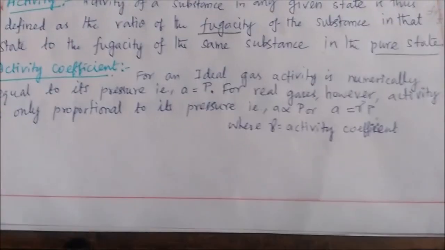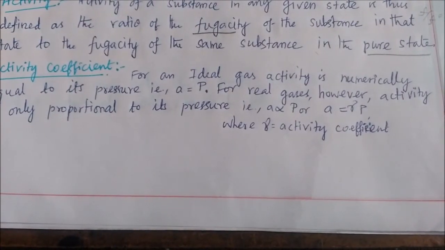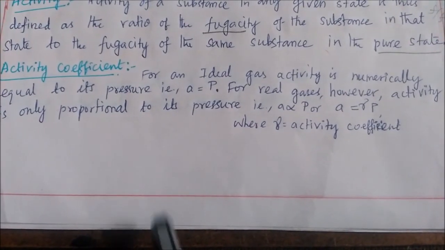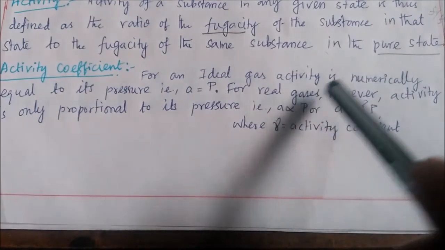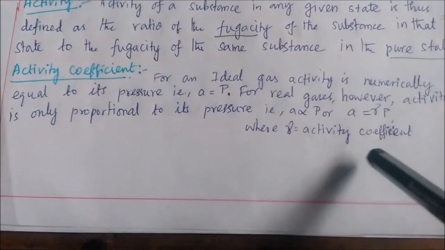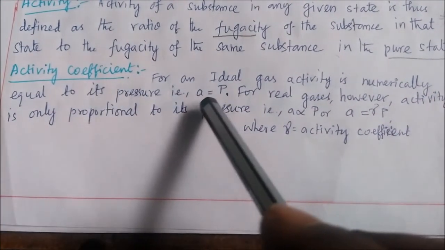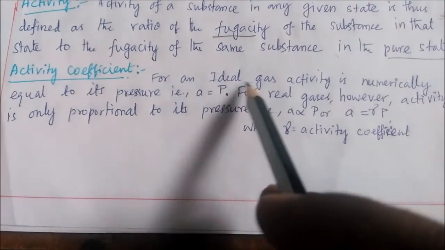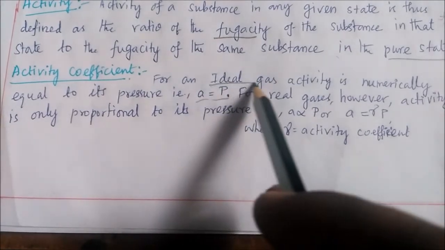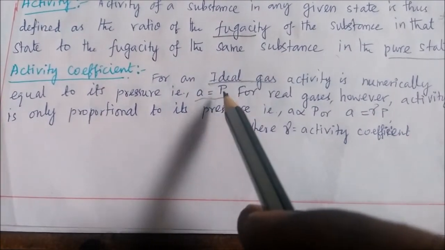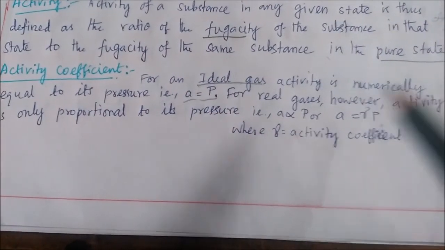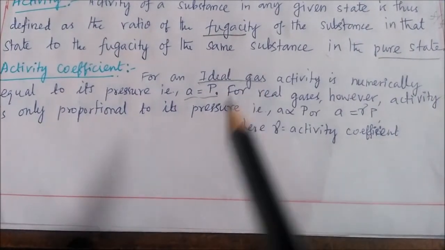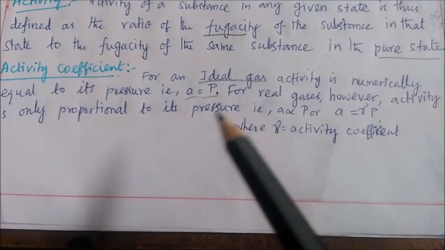Now, what is the activity coefficient? Since it is related to activity, we can get the meaning now itself. For an ideal gas, activity is numerically equal to its pressure, that is A is equal to P. For real gases, however, the activity is only proportional to the pressure.